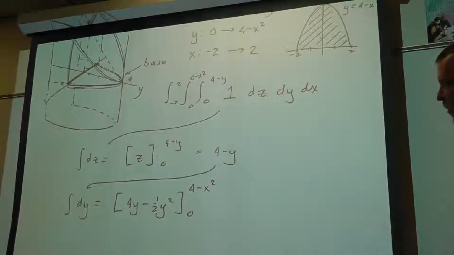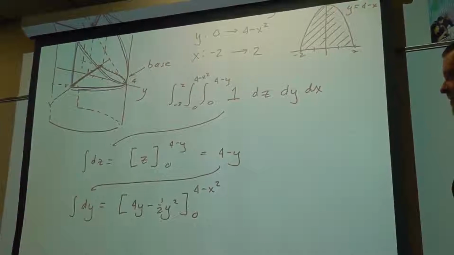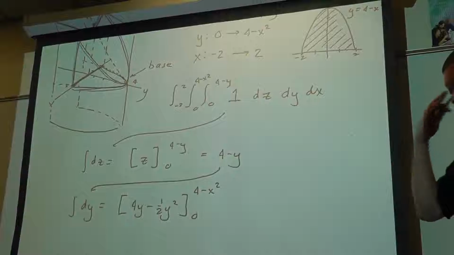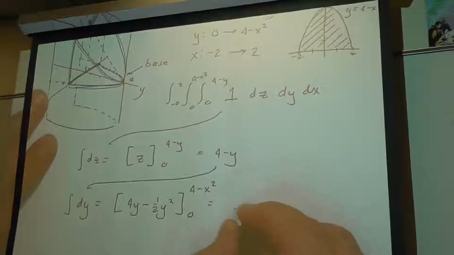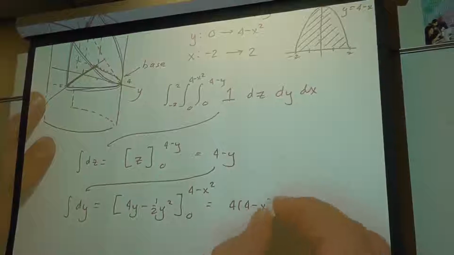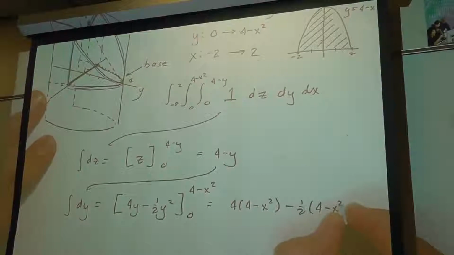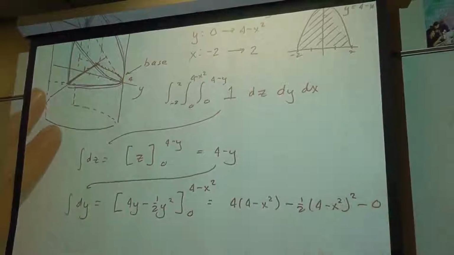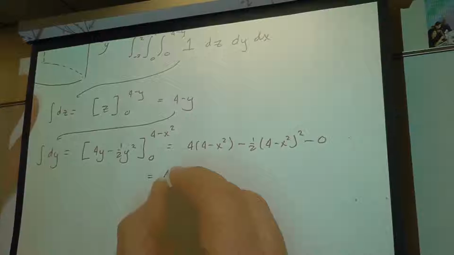Plug in those limits for y. I haven't lost anybody yet, have I? You're all still here. So plug this in for y. It's going to be 4 times 4 minus x squared minus 1/2 times 4 minus x squared, squared. The lower limit annihilates everything. So I'm just going to do my bookkeeping here real quick.